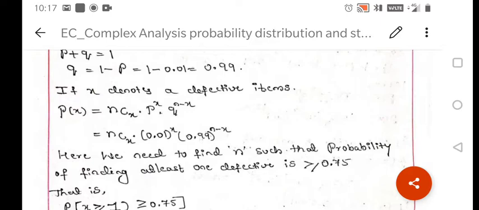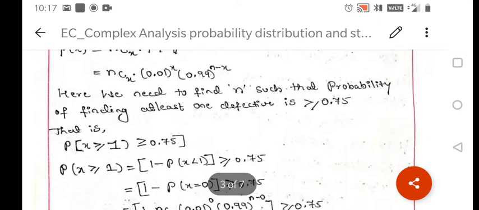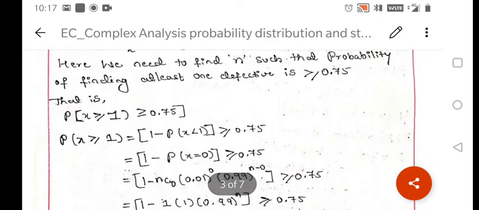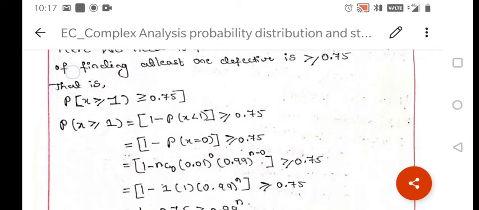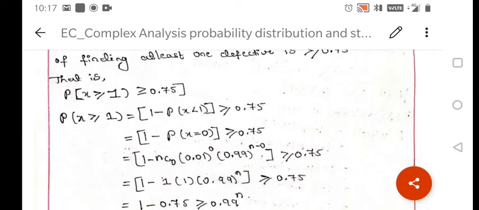Here we need to find n such that the probability of finding at least one defective is greater than or equal to 0.75. That means probability that x is greater than or equal to 1 is greater than or equal to 0.75. That means probability of x greater than or equal to 1, which is equal to 1 minus probability of x less than 1, is greater than or equal to 0.75.